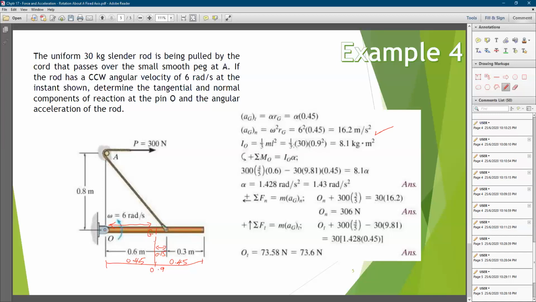Then just plug in the values, where M is 30 kg and 0.9 is the total length of this rod, and you get 8.1 kg meter square.